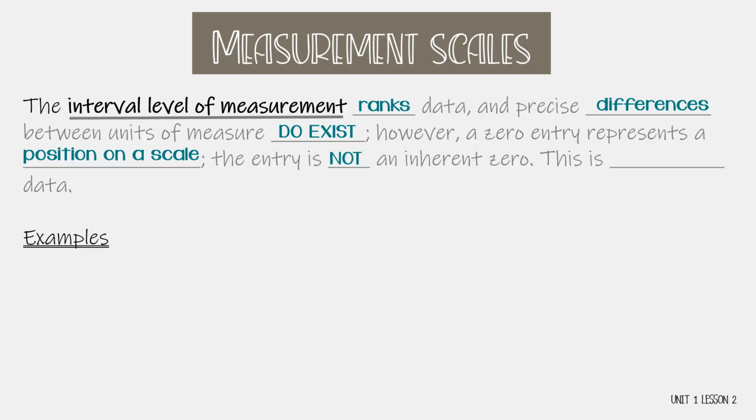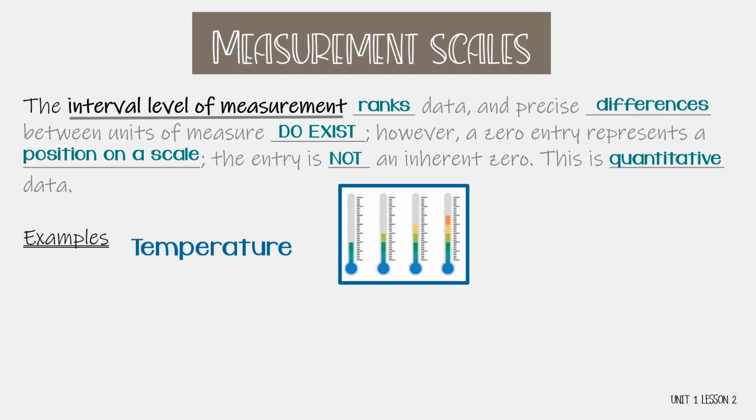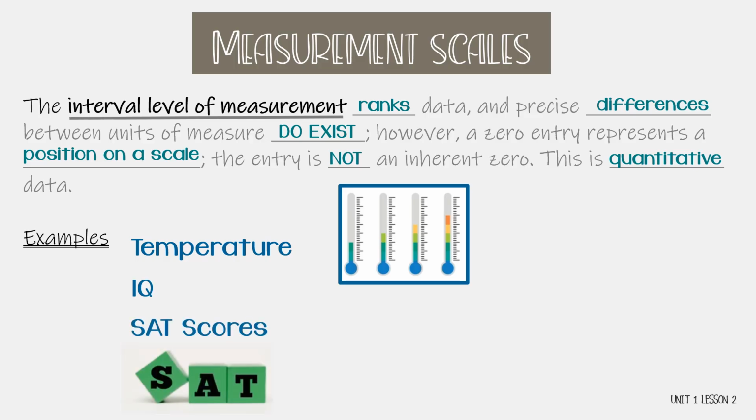The entry is not an inherent zero. This is quantitative data. Examples: temperature. A temperature of 0 doesn't mean there's no heat, because you can actually go into the negatives for temperature. IQ scores, another example. SAT scores, another example.